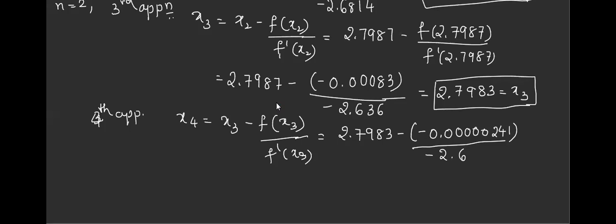This is simple. Minus 2.63. Do the calculation. I think it will be 798. Is it 3 or 4 or 2?